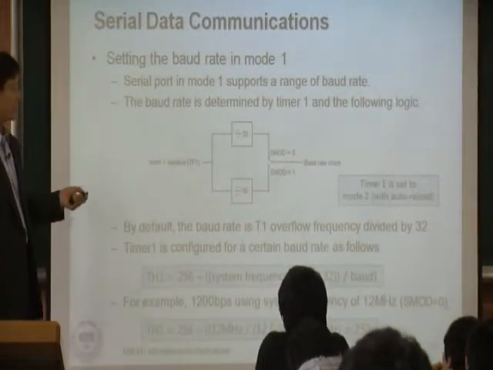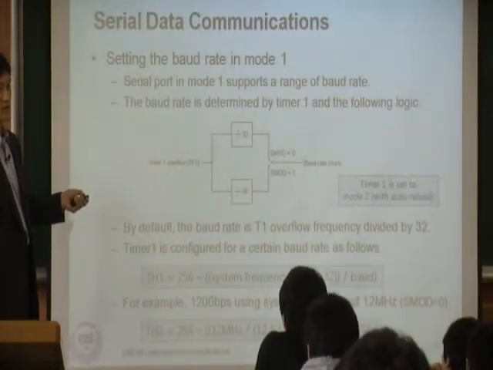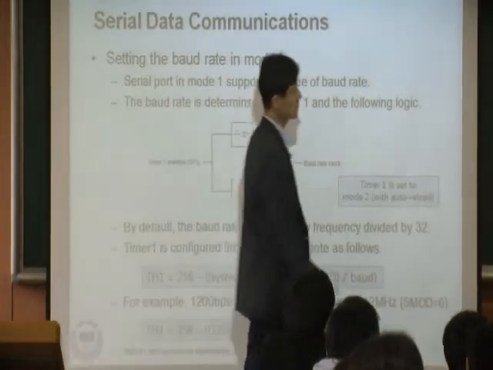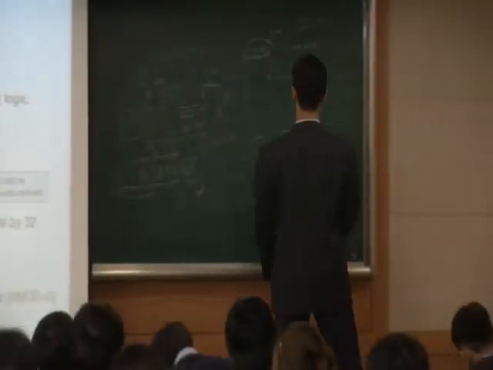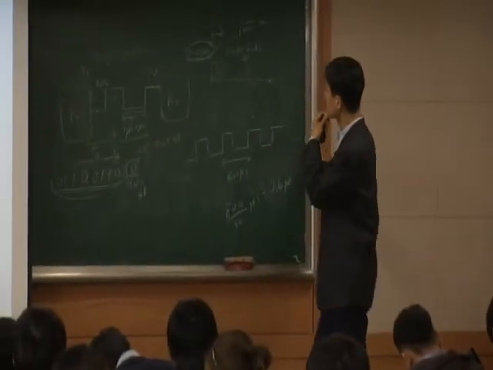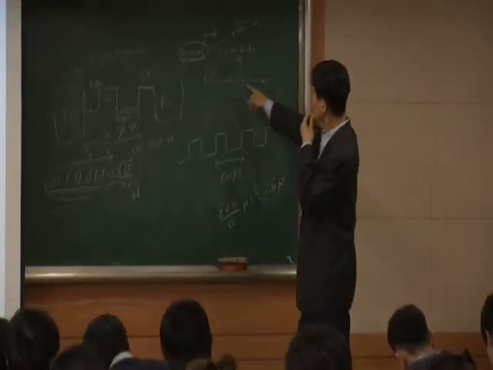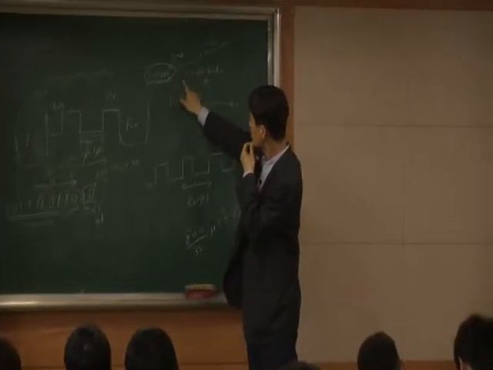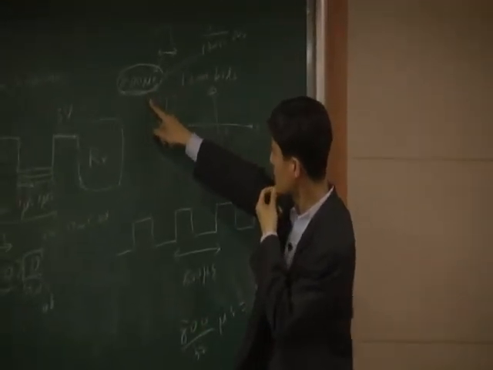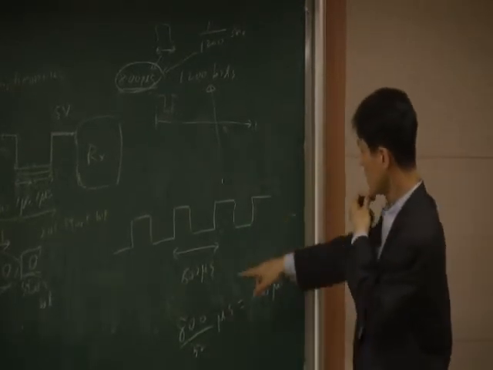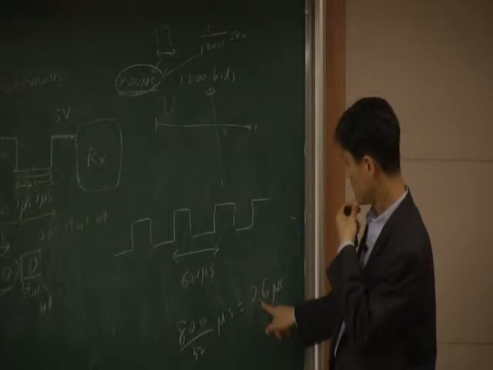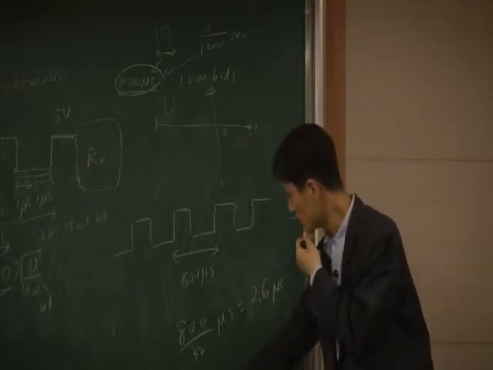Now then, how can you make a 2.6 microsecond here? Let me see. I think this number is a little bit off. Is it 800 microsecond? 1200 is same as 800 microsecond. So 800 microsecond divided by 32. Is it 26?